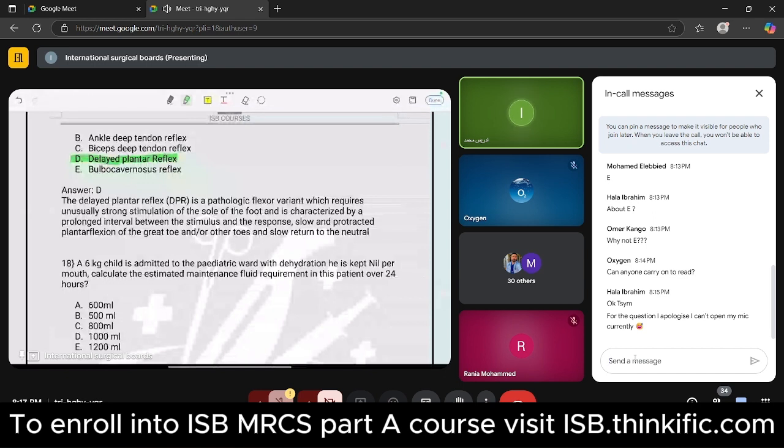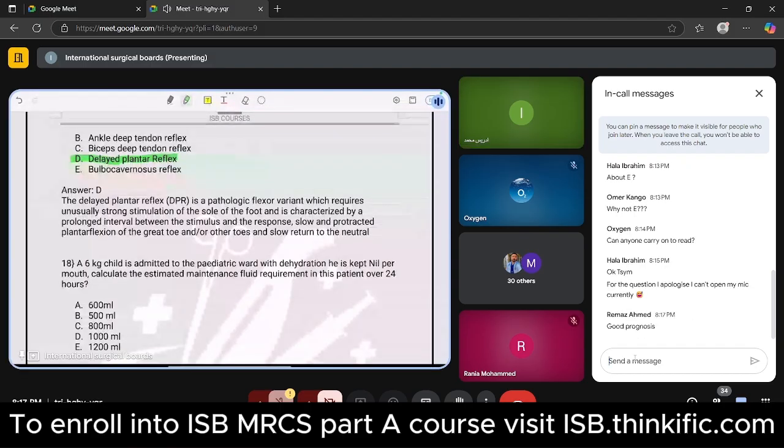Sacral sparing indicating incomplete spinal cord injury. Yeah, that's good. So if there is no sacral sparing, it means complete spinal cord injury, right?